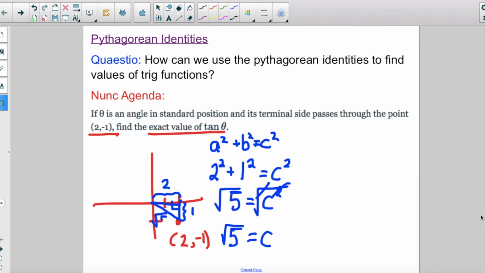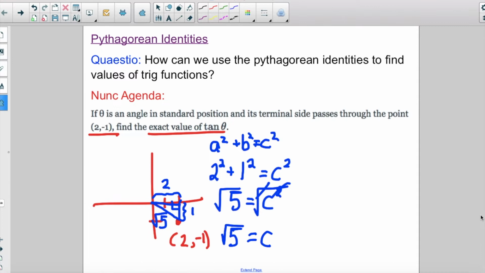Now I know normally that when you do have the square root on both sides, you have two answers, a positive and a negative. However, since we are talking about side lengths of a triangle, we only take the positive answer. So now that we have everything labeled, the last thing we have to label is theta.